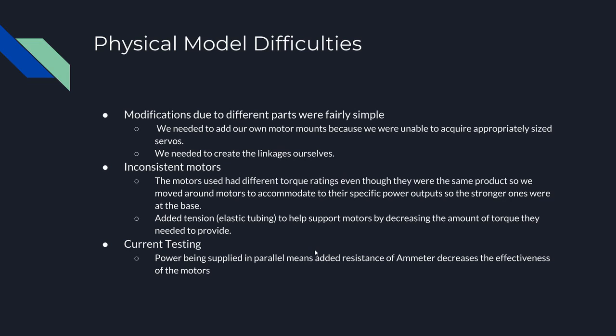So the difficulties we've been having were the same as before, except now with the servos there's a new one. Because we are powering all 3 of the servos in parallel, when we attempted testing the current with the ammeter, we were not able to get any useful data, because just by using the ammeter we were significantly raising the amount of resistance on that particular part of the parallel circuit, which lowered the amount of current going through that portion.